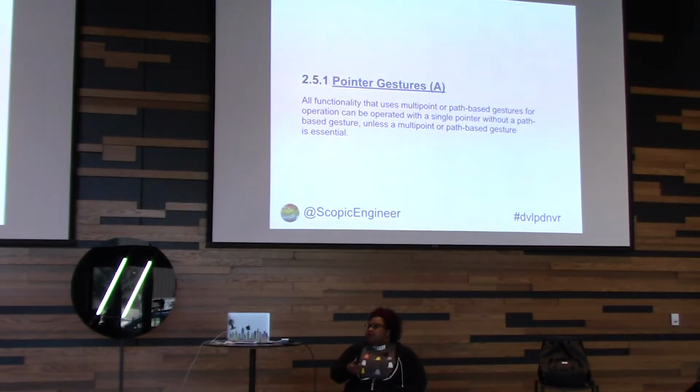Next up is pointer gestures. So this is saying all functionality that uses multi-point or path-based gestures for operation can be operated with a single pointer without a path-based gesture, unless a multi-point or path-based gesture is essential.